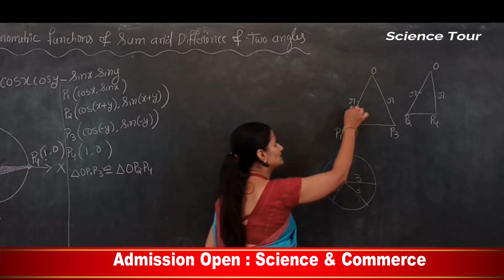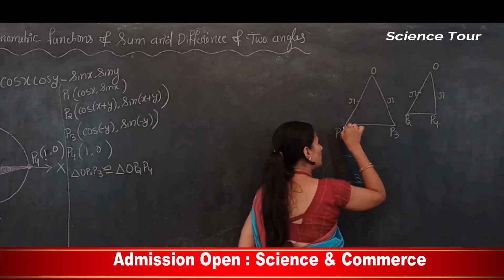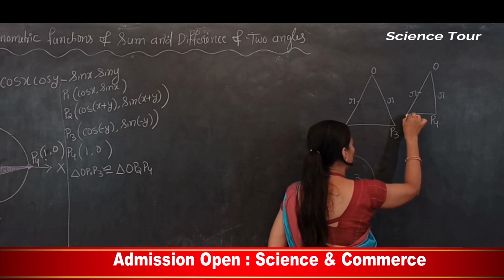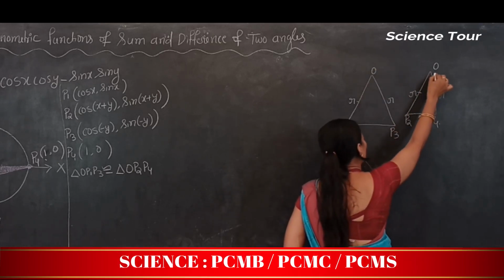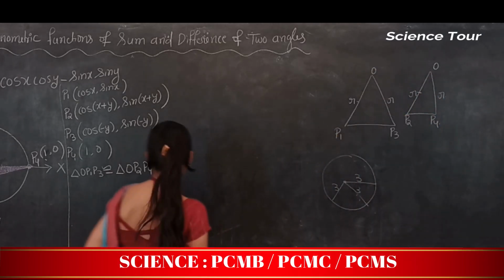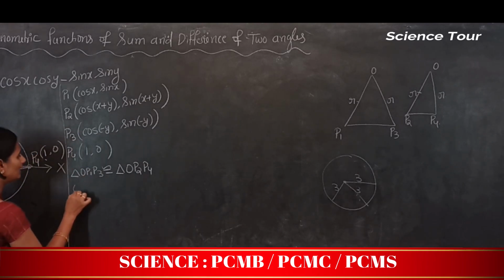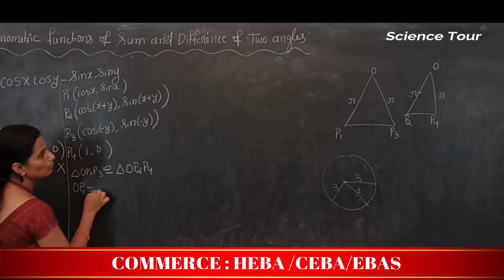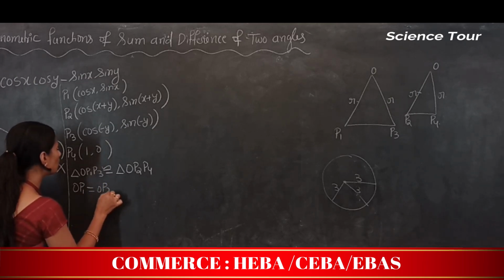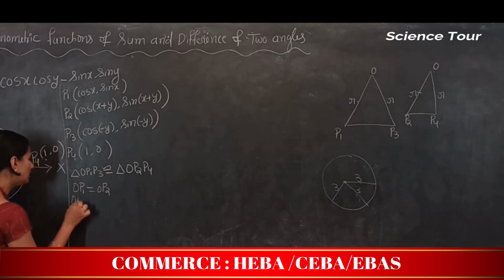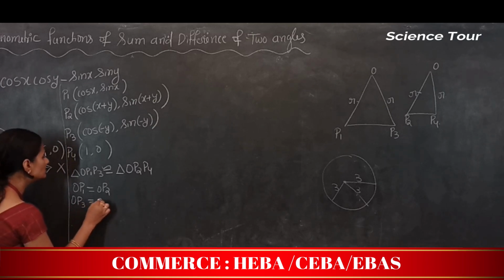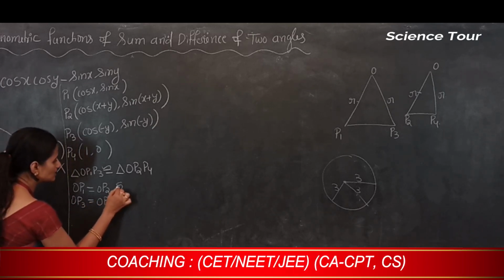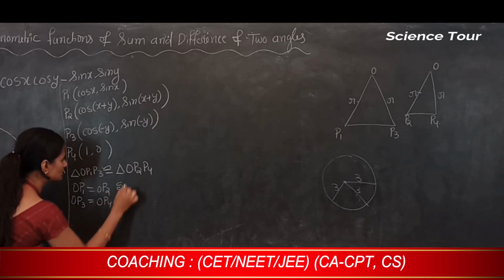So the radius value OP1 is equal to OP2, and OP3 is equal to OP4. By observing the figure, OP1 is equal to the corresponding side OP2, and OP3 corresponds to OP4, because this is S, meaning sides.